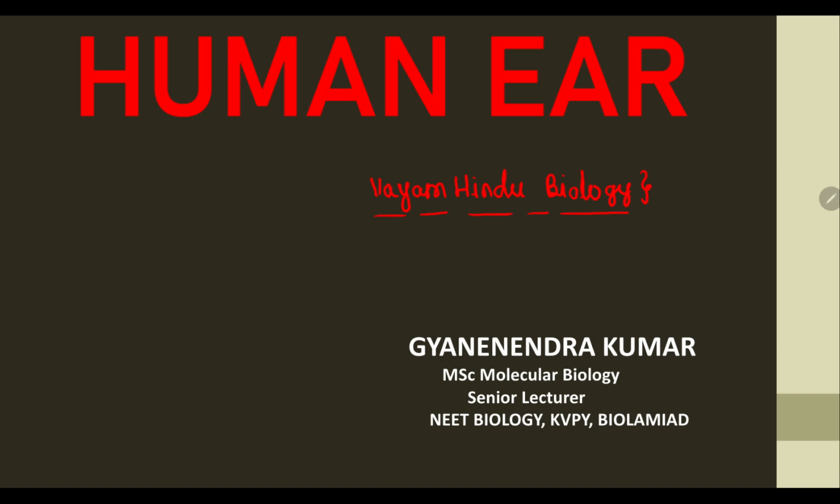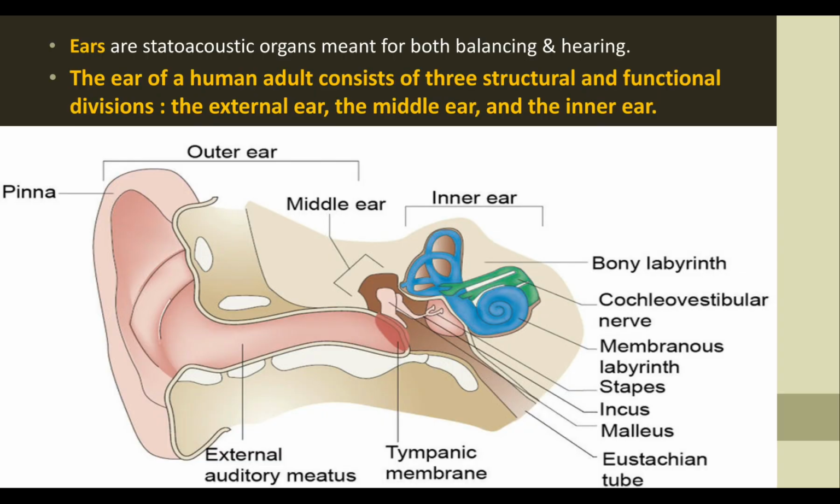So in this video, we will discuss the structure of the human ear in detail. We all know that the human ear is a sensory organ, and it has two kinds of receptors. Like the eye has photoreceptors that detect light for vision of any image, the human ear has two types of receptors.